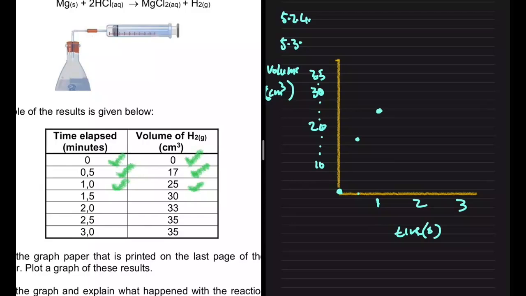So midway between 1 and 2 and 30. So something like that. And then 33 and 2. So 33 and 2. 35 and 2.5. And again, 3 and 35. So we should have something like that.